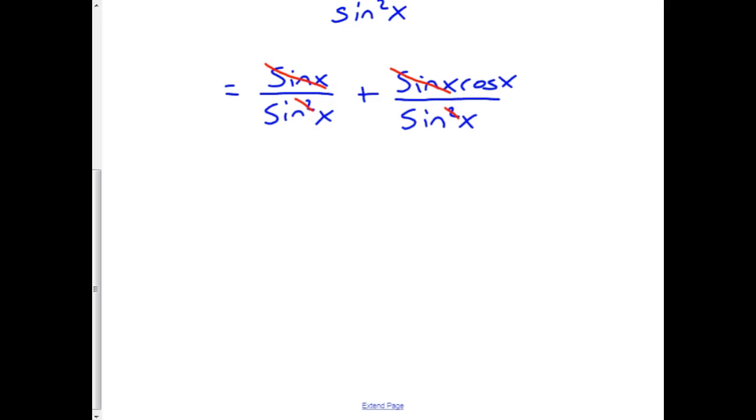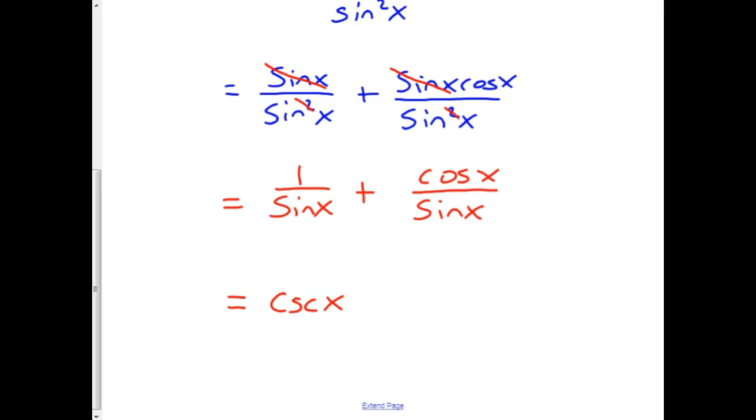Okay, so what does that leave us? 1 over sine x plus cosine x over sine x. Right? Okay. Well, what is 1 over sine x? That is cosecant x plus, and then cosine over sine is just cotangent x, right? And hey, that's exactly what we were looking for, right? So cosecant x plus cotangent x, our little check mark, and we are golden. We got that one.